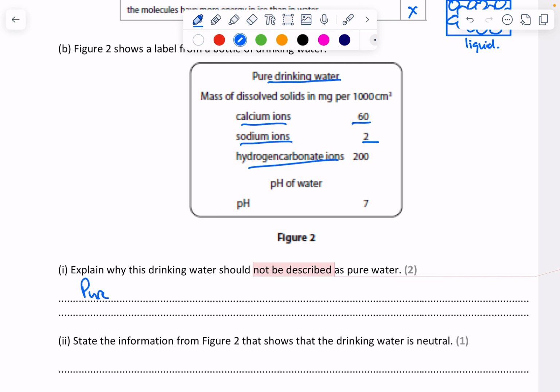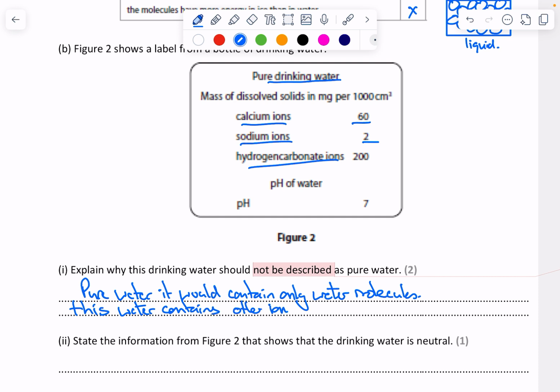So what we need to say here is that if it was pure water, it would contain only water molecules. This water contains other ions. So that makes it not pure. 1 mark for each line.